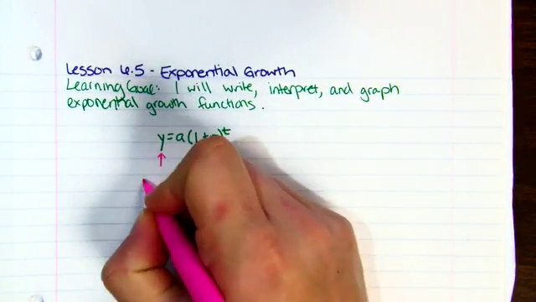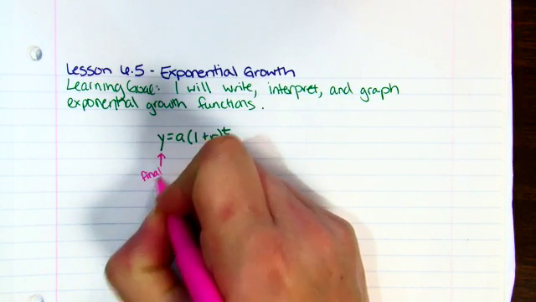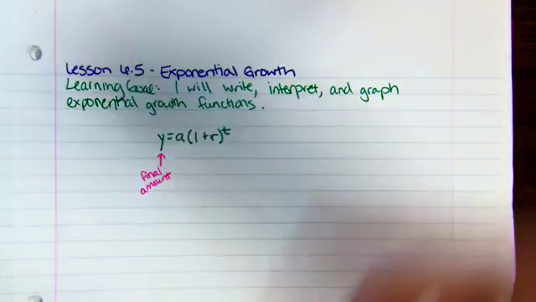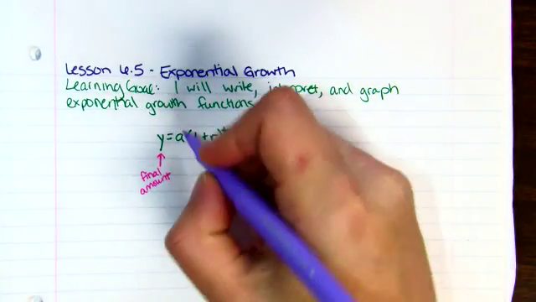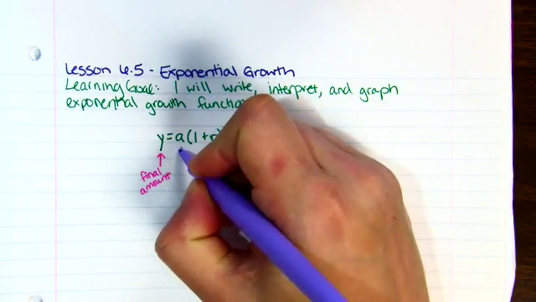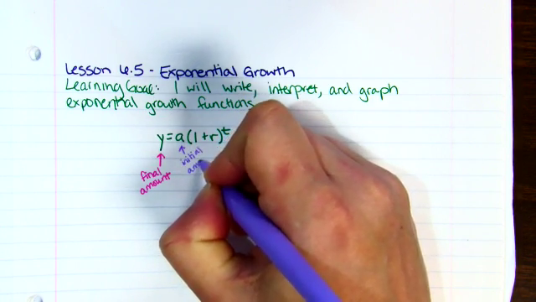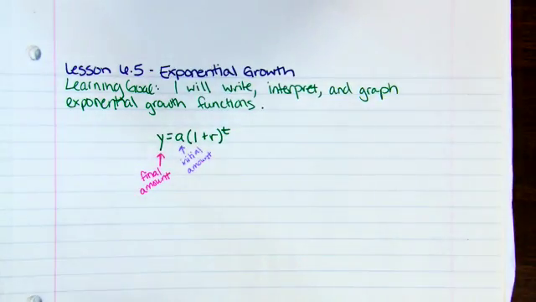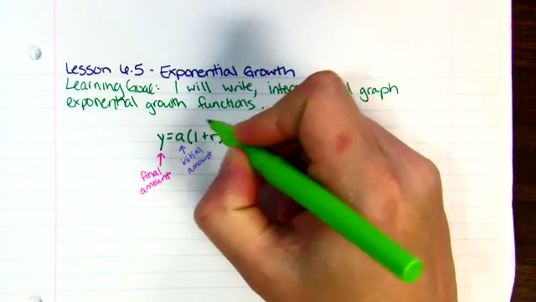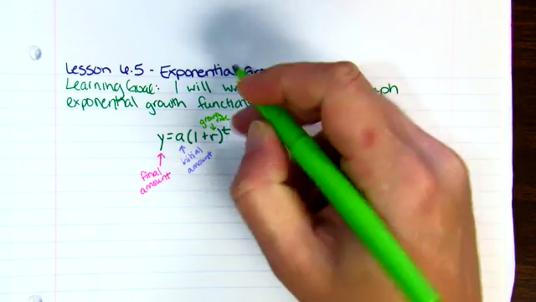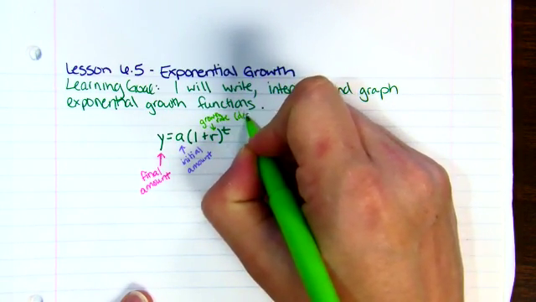Y is going to represent our final amount. A represents our initial amount or our starting amount. R is what we call our growth rate, and we need that to be as a decimal.